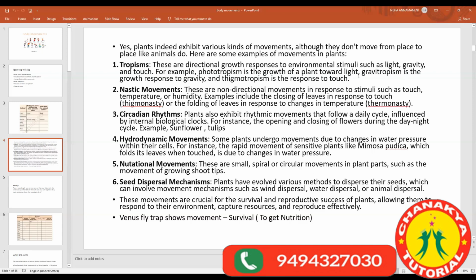Do you know touch me not? Adya, can you tell again, do you know what a touch me not plant is? No. It's a plant that, when we touch it, closes its leaves. Okay. So it's an example of thigmotropism.